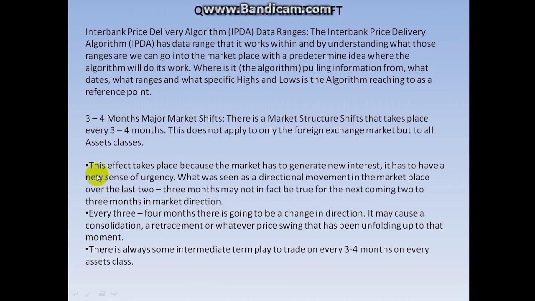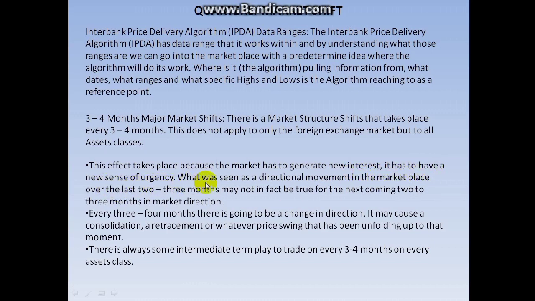Now, this effect takes place because the market has to generate new interest. So why does the market shift quarterly, every 3 to 4 months? This is because the market has to generate new interest. It has to have a new sense of urgency.